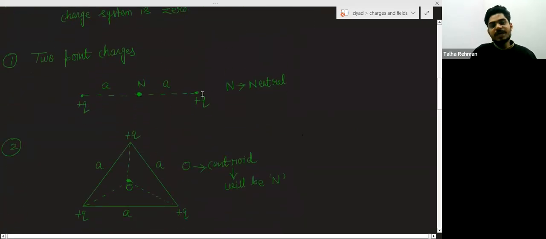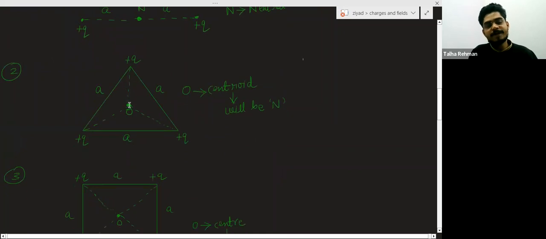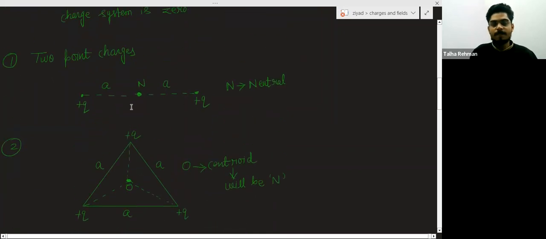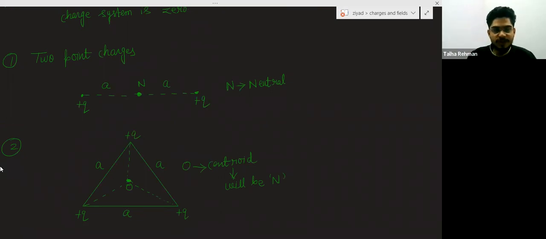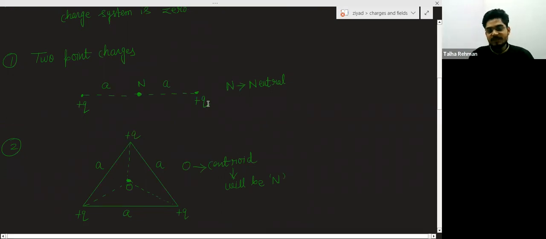This is plus Q charge. I will tell you for this point. A neutral point is a point where the electric field is 0. If there are 2 equal and opposite charges, the neutral point will be in between the charges, in the middle of the 2 charges.